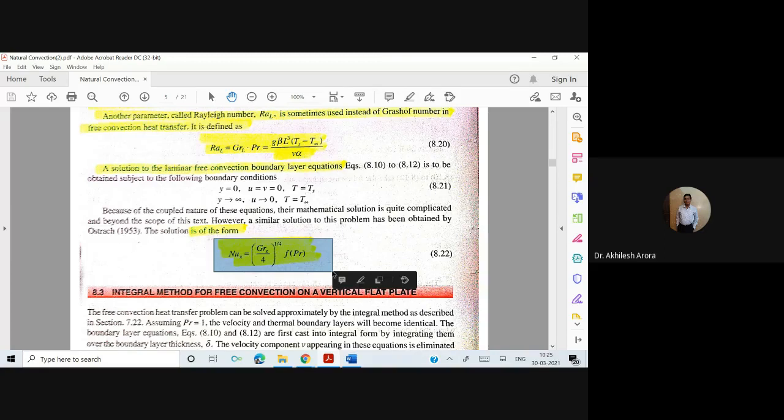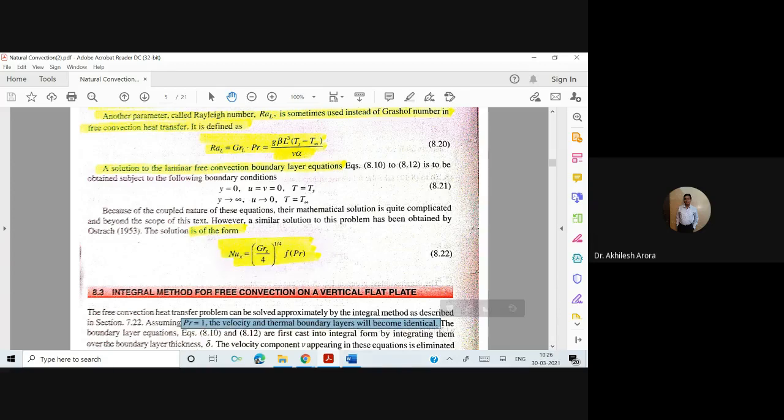So here they have used an integral method of free convection on a vertical flat plate. We won't be discussing the method, but I am going to discuss the final results. One important thing is the free convection heat transfer problem can be solved approximately by the integral method as described here in section 7.22, similar to the case of forced convection. Here the Prandtl number is assumed as 1, so the velocity and the thermal boundary layer become identical.